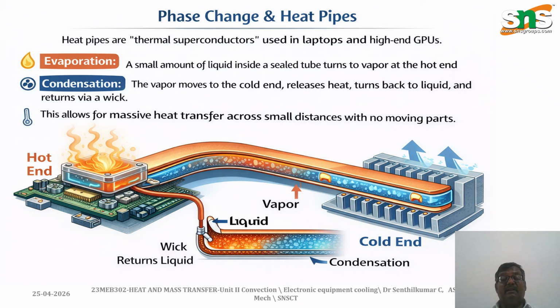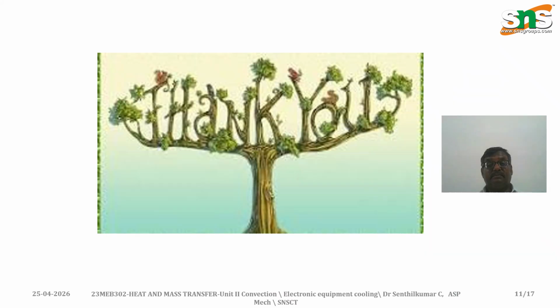Where the heat is high, it is absorbed by the fluid, which becomes vapor and goes outside to the fan. Through the fan the heat is exhaled, it becomes liquid and comes back in the return phase. So this is the cycle followed by the heat pipe. It's a mechanism to transfer heat from the electronic gadget to the atmosphere.